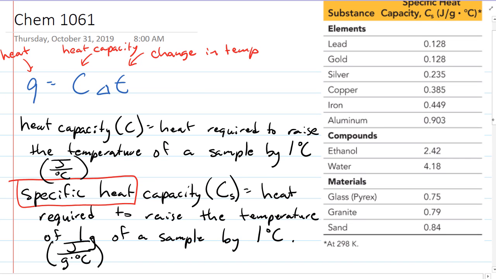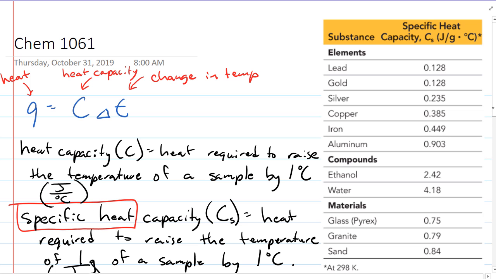What this is telling us, when we look at these specific heats, is that water has a greater capacity to absorb heat than does the copper. In fact, if we were to compare these values, the 4.18 to the copper at 0.385, tells us that water can take on much more energy per gram than can the copper.